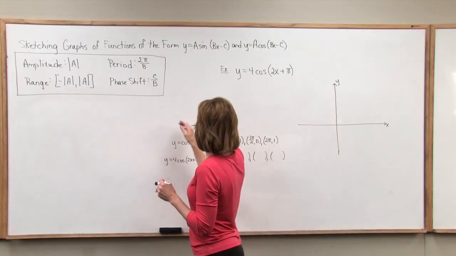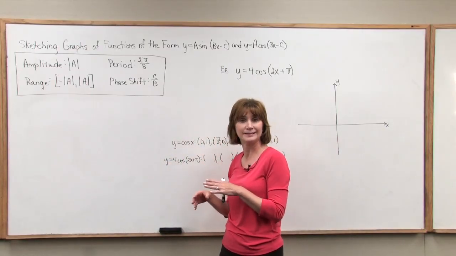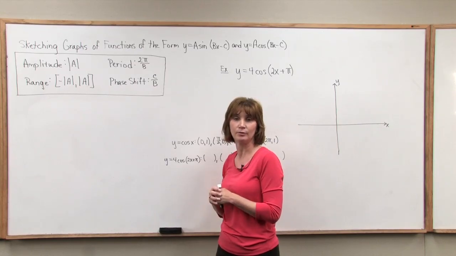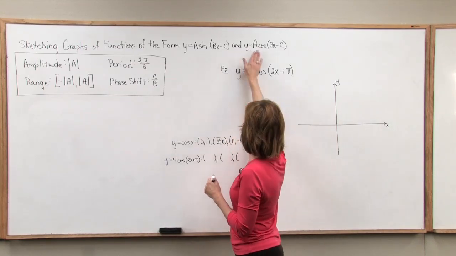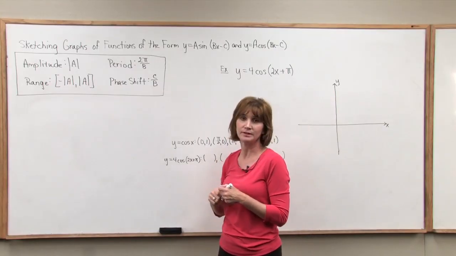So let's also remember, when you're graphing y equals a sine x and y equals a cosine x, recall that the period for those graphs is 2 pi, so that means they complete one cycle when x is between 0 and 2 pi. Well, graphs in either one of these forms will complete one cycle when bx minus c is between 0 and 2 pi.